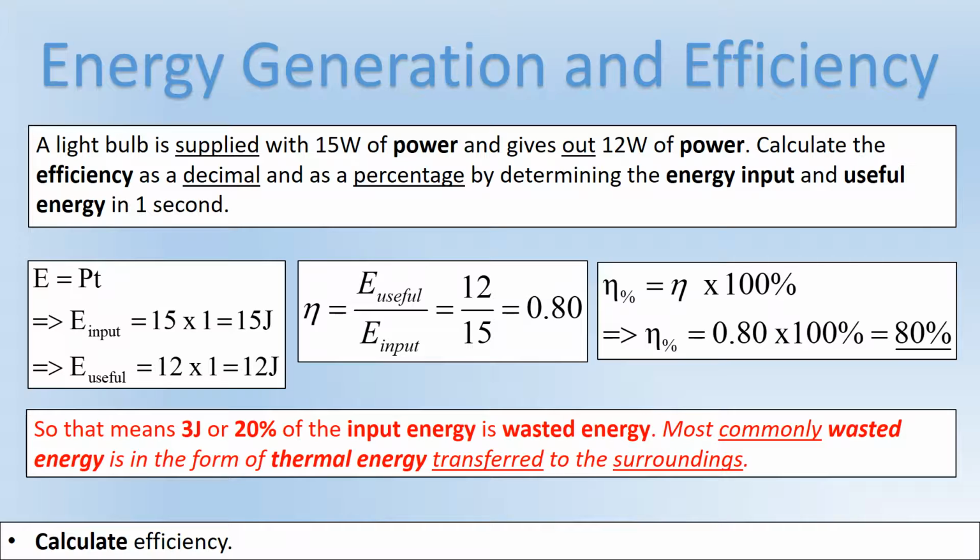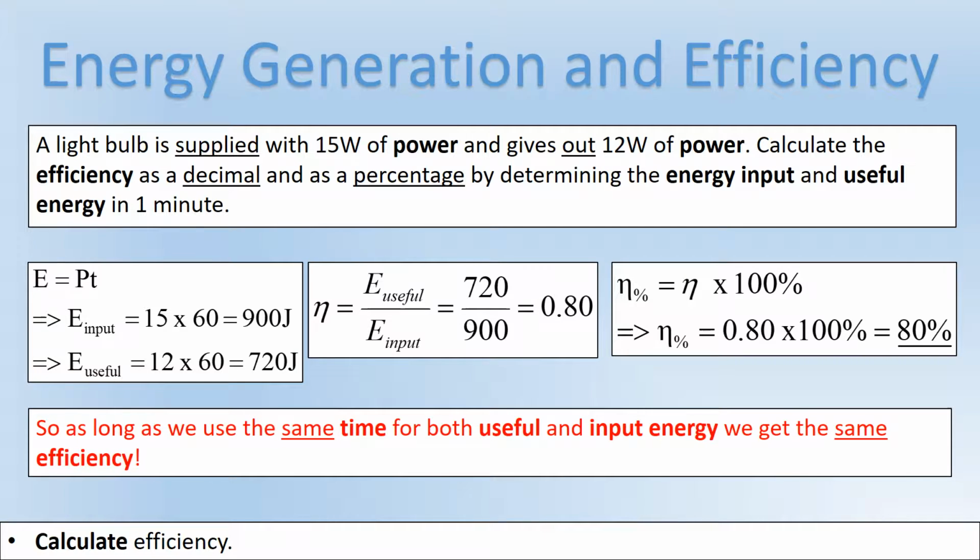So you might be wondering, how did we decide to multiply it by 1 second? Well, let me show you what happens if you decide to use a different amount of time. Let's say we do it for a minute instead of 1 second. To get the energy, we'd multiply the power by 60 because there are 60 seconds in a minute. So you can see we get input energy of 900 joules.